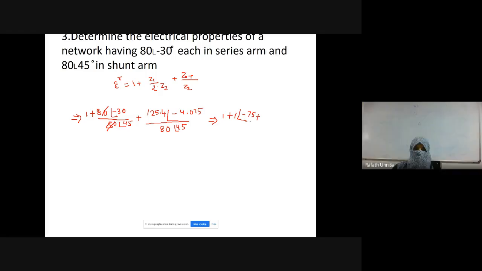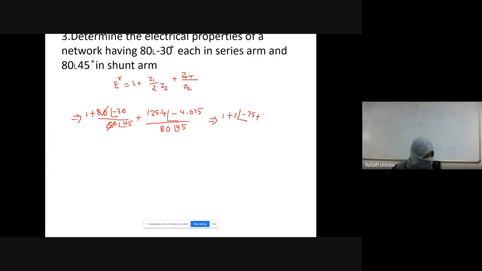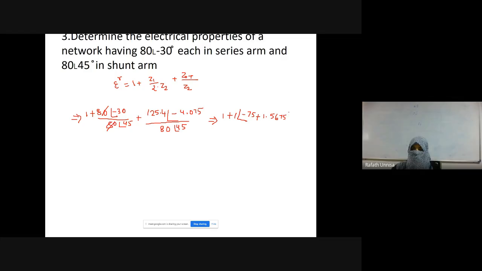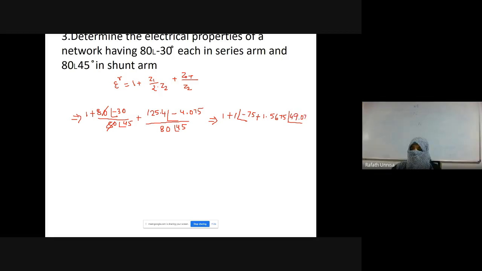Plus 125.4 divided by 80, how much are you getting? 1.5675 at an angle of minus 4.075 minus 45, which is minus 49.076.